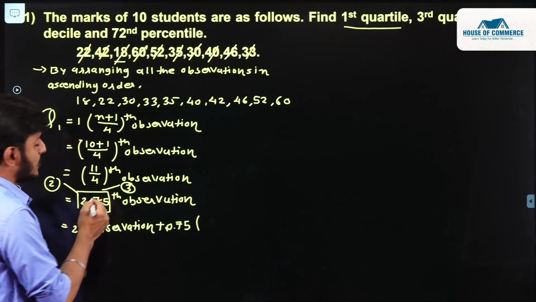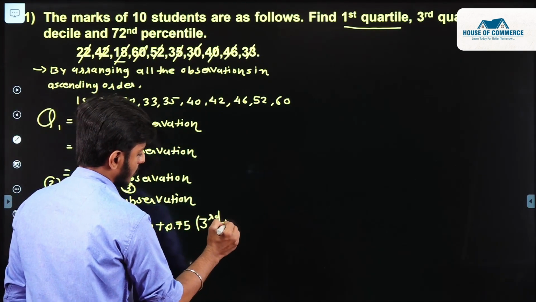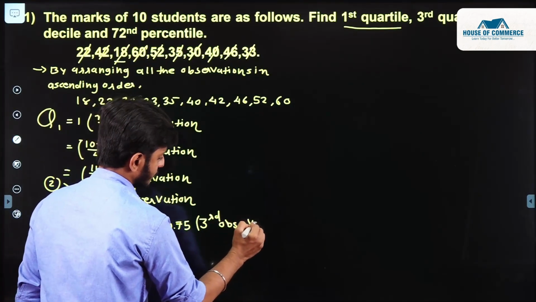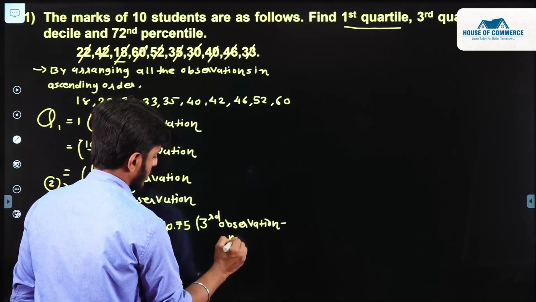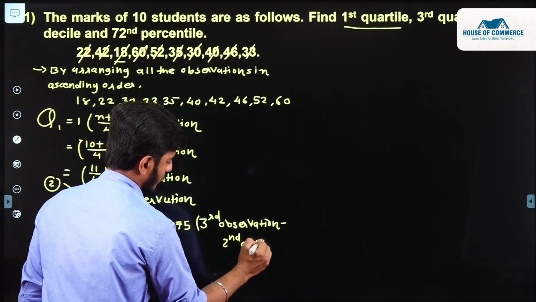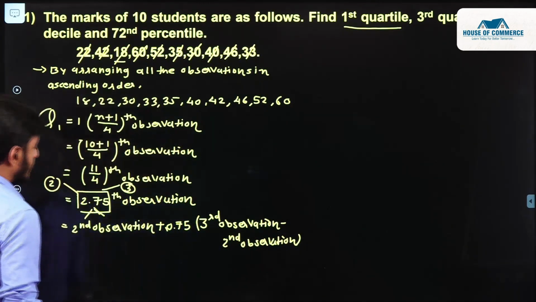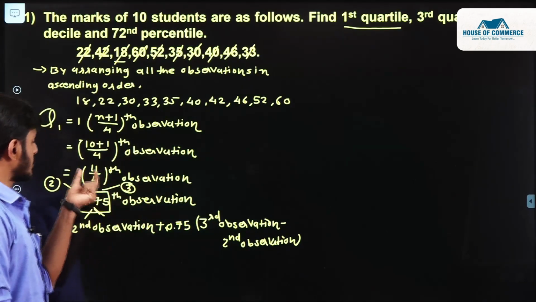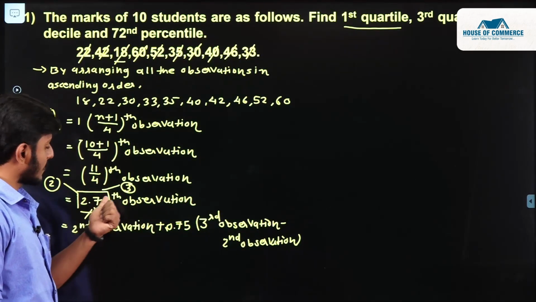So which one is the bigger value? It is the third observation, third observation minus second observation. What you have to do here: the observation which is obtained by dividing the 11 with the 4 is known as the 2.75th observation.